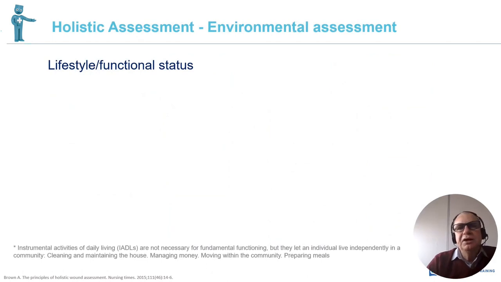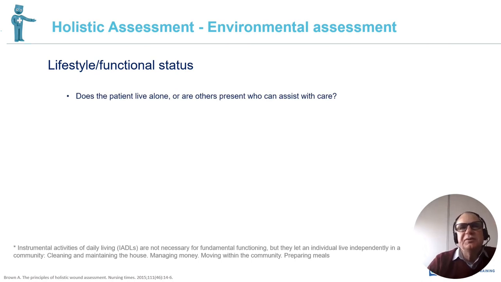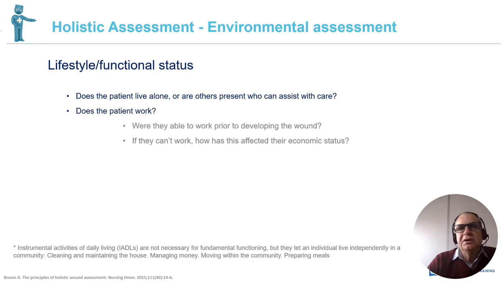When we're looking at the assessment, referring back to what we talked about in the beginning, don't look at the hole in the patient's leg, look at the patient as a whole. What are the lifestyle and functional status of the patient? Does the patient have support by family or other people? Can they help themselves? Does the patient work? Is it causing them not to go to work?